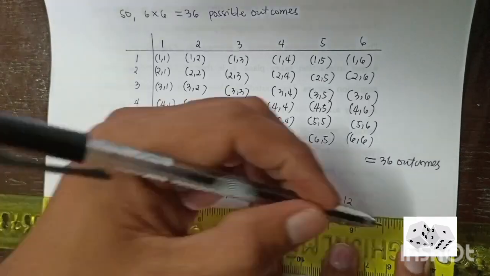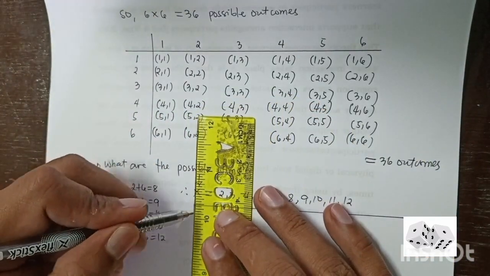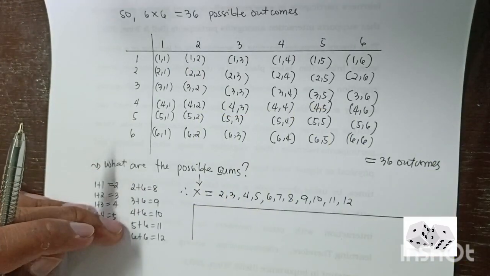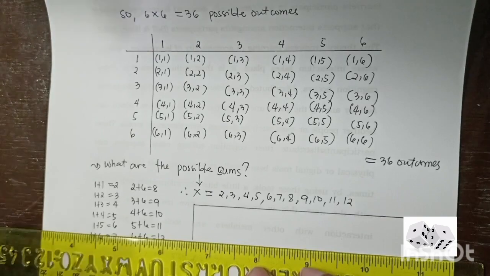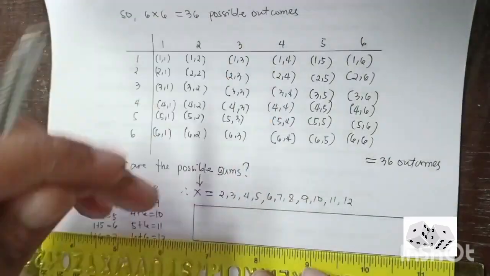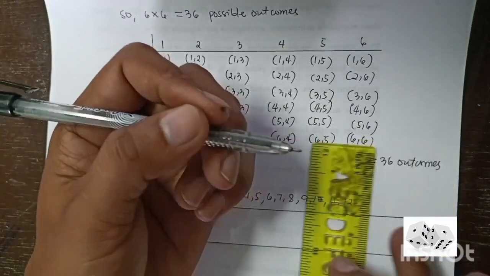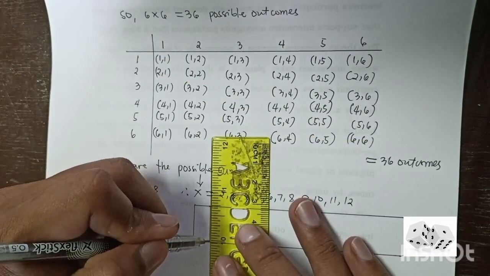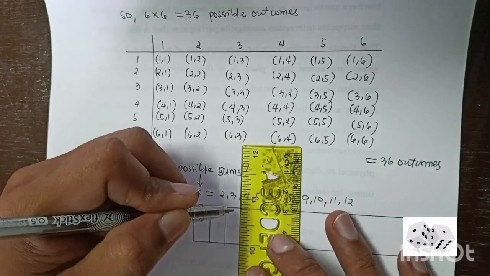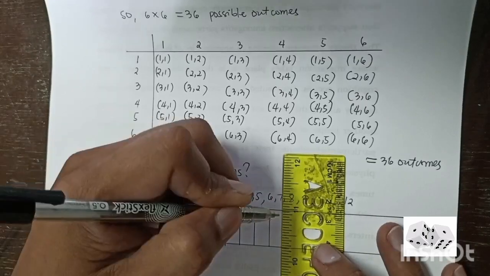Since we already have these possible sums, we can now make our discrete probability distribution. We're just going to make a table, enter those possible sums, and find their corresponding probabilities.